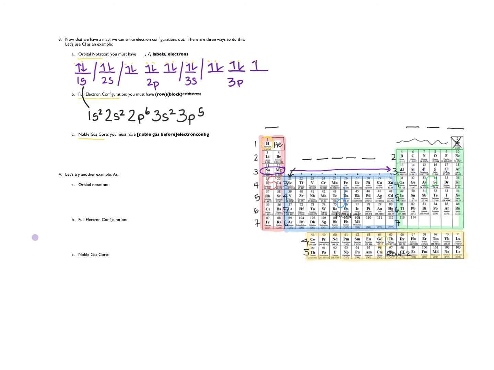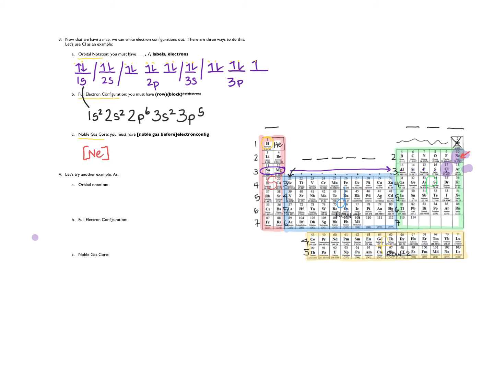The noble gas core is kind of a shortcut for writing electron configurations. You get to start at the noble gas before the atom you're trying to write an electron configuration for. So if here's chlorine, we get to start not at the noble gas after it, but at the noble gas before it. So we get to start at neon, and then after neon, we just have to write the full electron configuration.